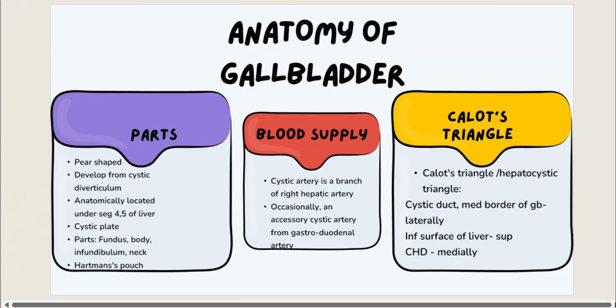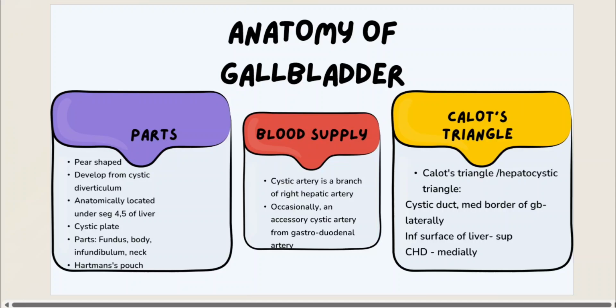Before going to the pathophysiology of gallstone, let's discuss the anatomy of the gallbladder first. The gallbladder is a pear-shaped organ. It contains around 25 to 30 ml of bile. The gallbladder develops from the cystic diverticulum.